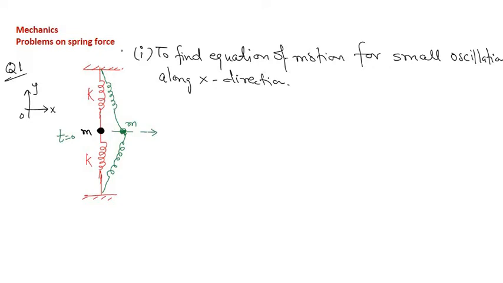First let us assume that the natural length of a spring is L, and at any given instant of time, let us suppose that this displacement is x.